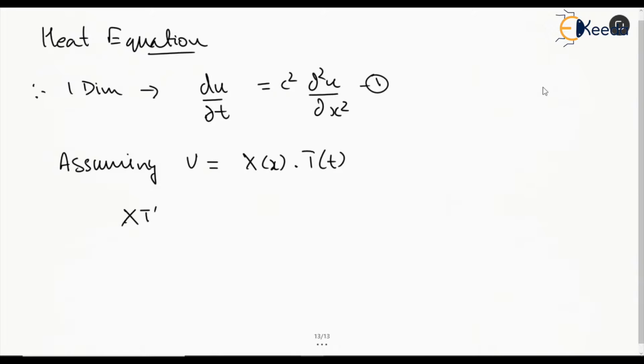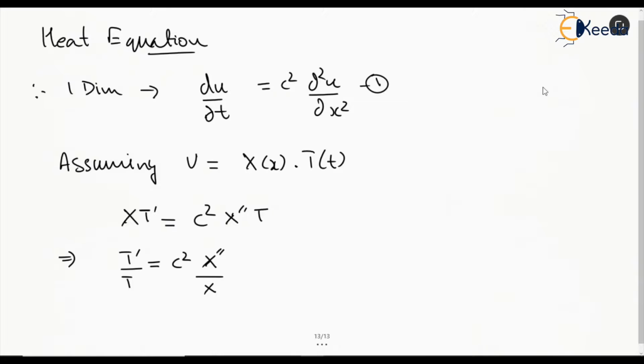It is the partial derivative with respect to t, equal to c² times the double derivative with respect to x. So this is X'' T, which gives T'/T = c² X''/X.